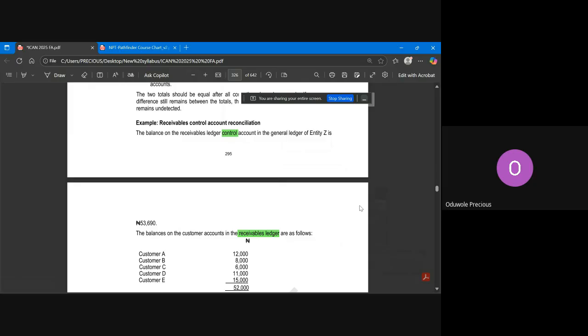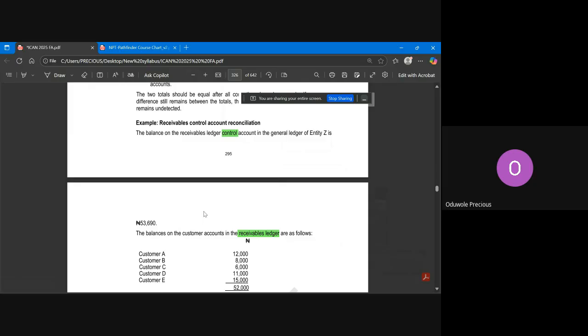The receivable ledger is the one for debtors. That's what you carry to your current assets in your statement of financial position as receivables. These are two different things.